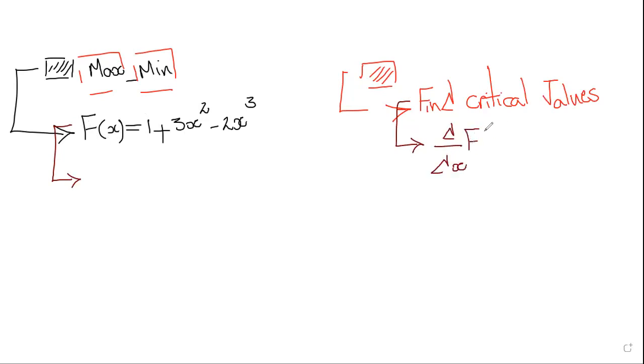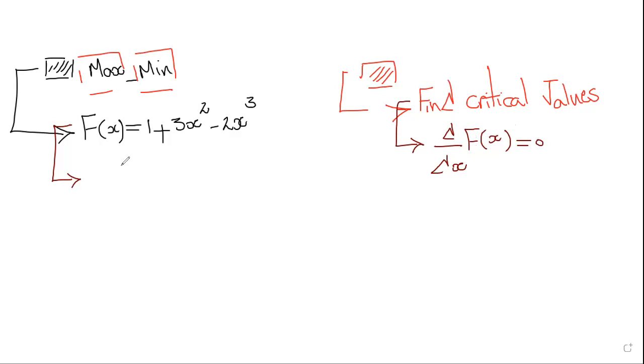If the function is a single variable function, which means that it is built with only one variable, x, then the first thing we have to do is find the derivative of the function, then equate it to 0. That's what we plan to do.